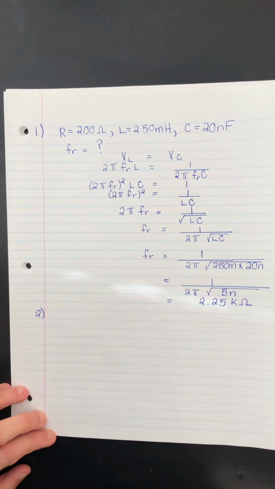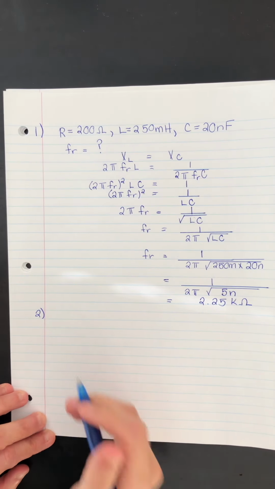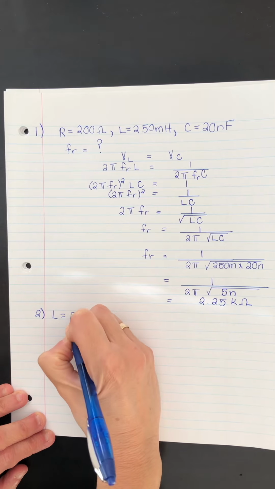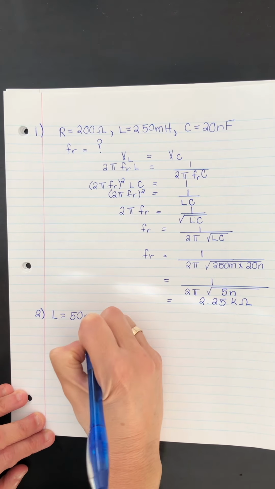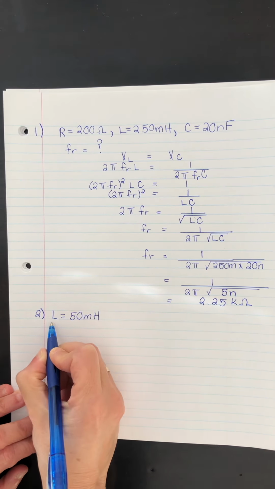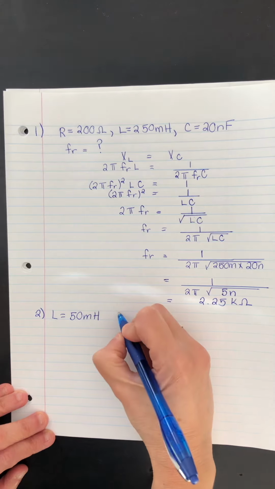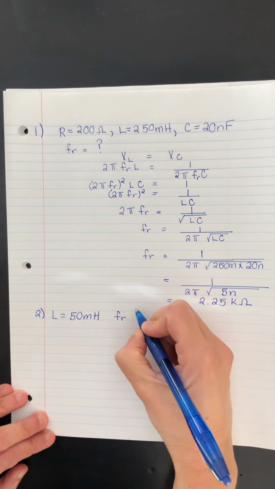So what quantities, we've got to save those trees. What quantities are we given? We're given 50 millihenries. So we know that that is L. What else are we given in this problem? Resonant frequency, and we know that that is FR.